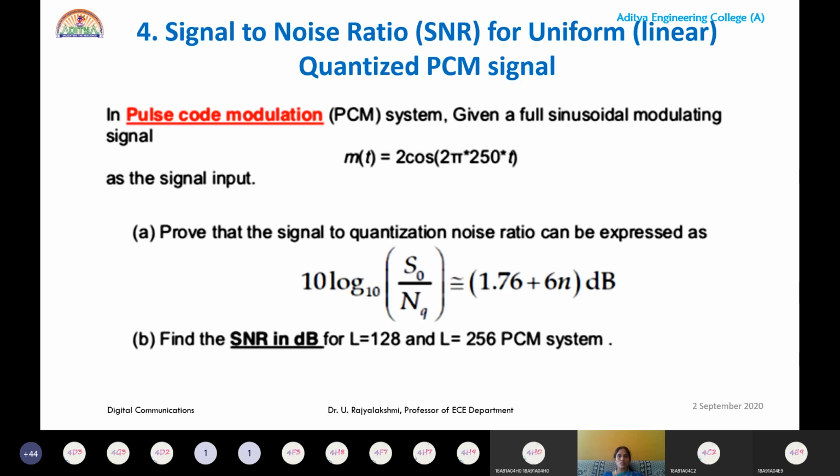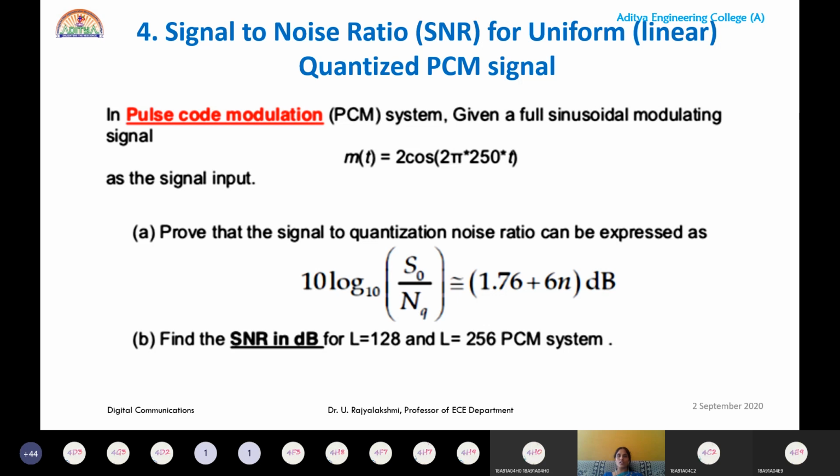Like this type of questions you will get. Please go through this question. In a PCM system, a full sinusoidal modulating signal m of t is given to you. In the first part, you are supposed to calculate the generalized SNR expression.